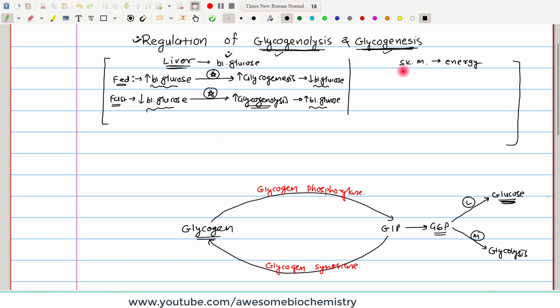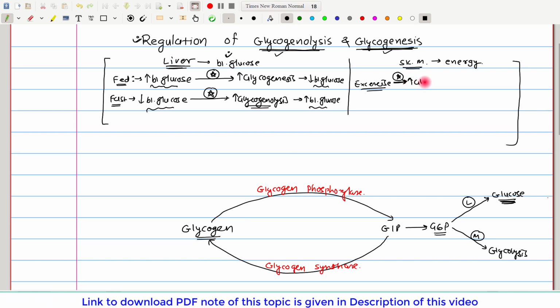What happens in the skeletal muscle? Whenever skeletal muscles are doing exercise or undergoing contraction, they need energy. So exercise will lead to certain regulatory events which stimulate the breakdown of glycogen. So there will be increased glycogenolysis.